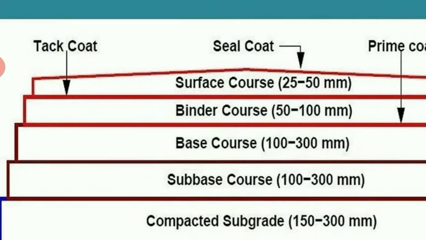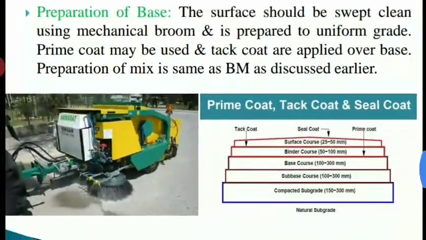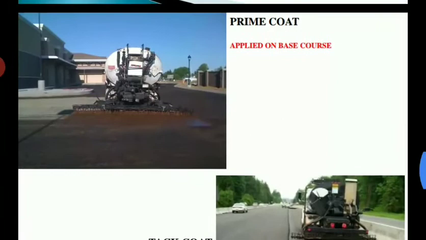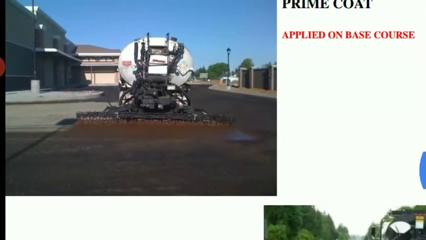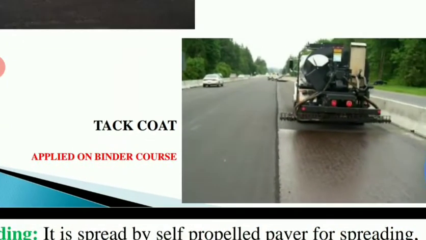The sealing coat is the finishing part of the flexible pavement. Here you can see how the prime coat is applied on the base course, and the tack coat on the binder course. On top of this binder course, one more layer has to come.